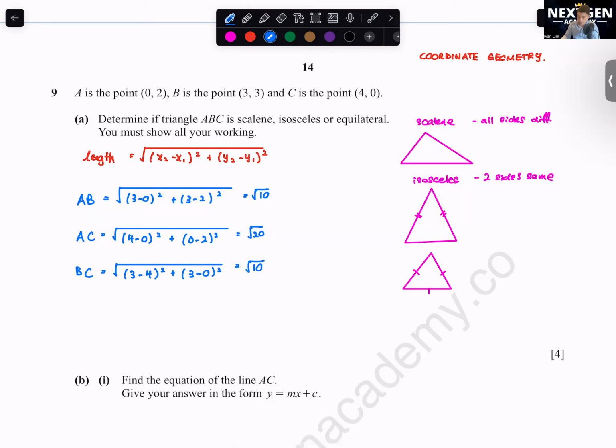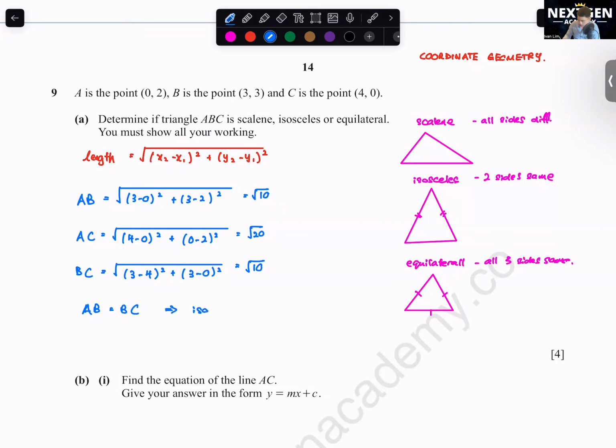You all see here, got 2 of it is the same, right? Two of the sides, they are the same. So which triangle is this? Scalene, isosceles, or equilateral? Isosceles, right? Equilateral, if you all don't know, is all three sides same. Because two of the lengths are the same, which is your AB and BC, AB is equals to BC.